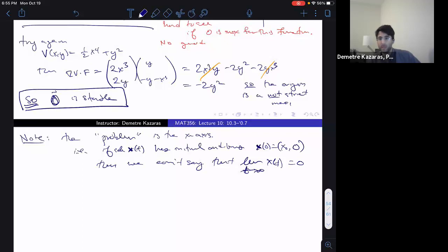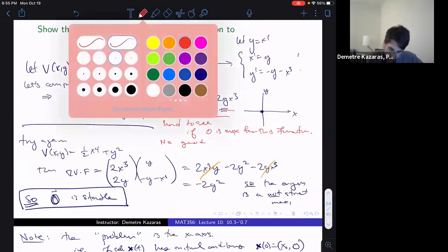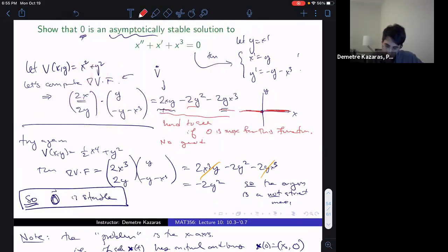Okay, that's the problem. Initial conditions that lie on the x-axis.